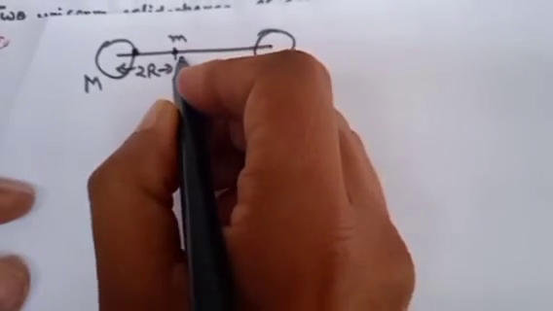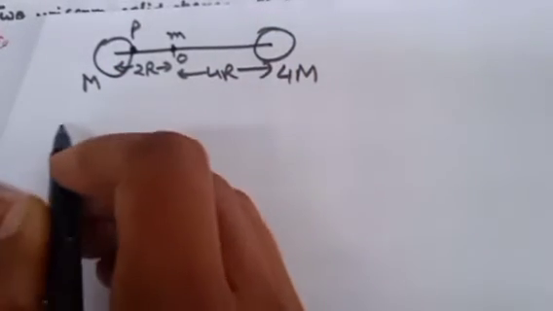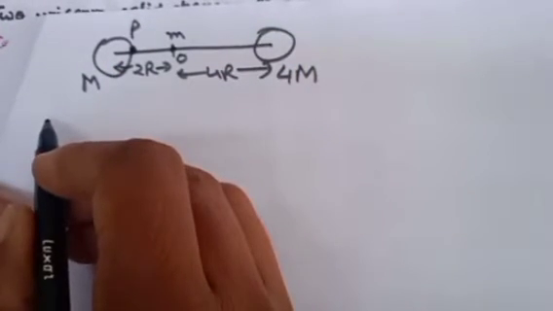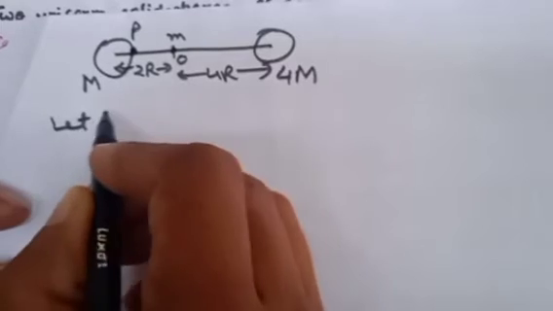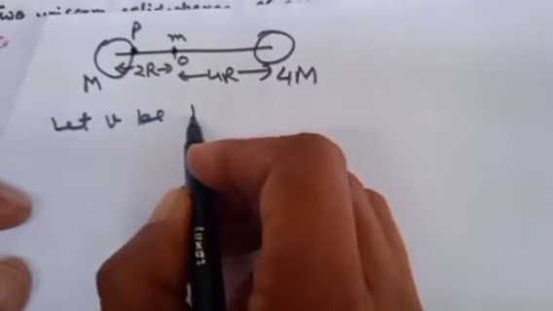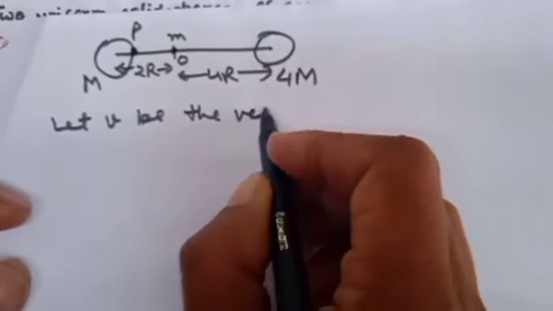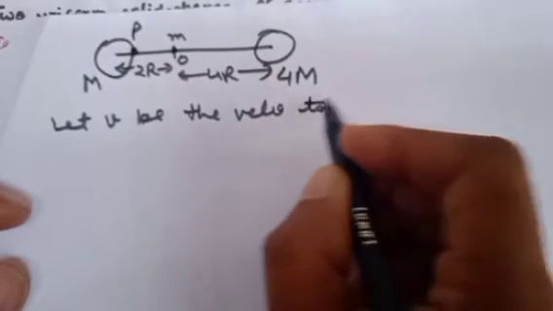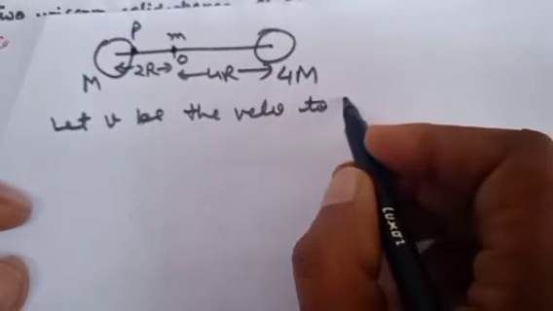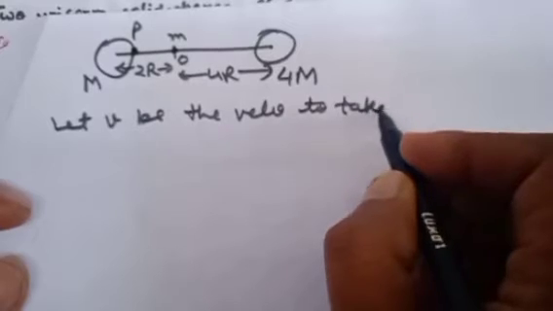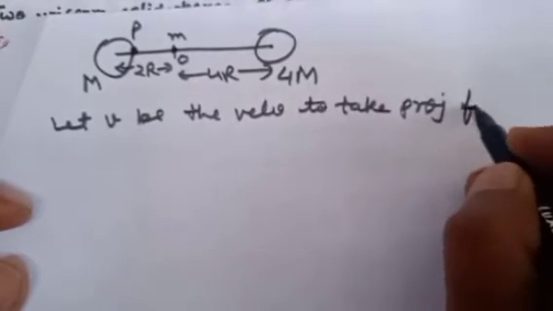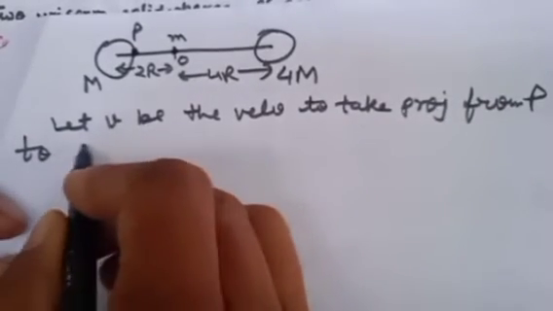I have mentioned earlier PO, so I'm writing it P. So let V be the velocity to take the projectile from P to O.